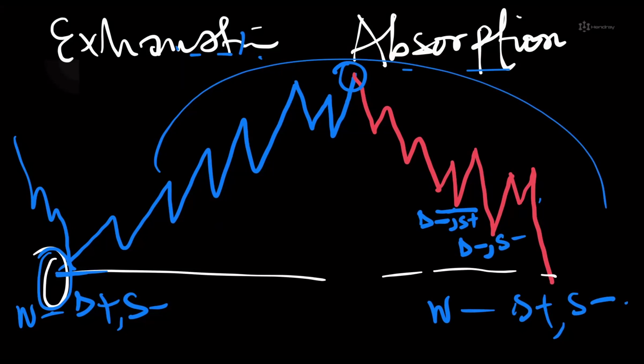Let me make this S plus. Now look at this. We have D minus and we have D minus. Okay, understood. How do you know if they mitigate each other? That is what I want to teach you. How do you know if it is possible for price to raid both of them together?